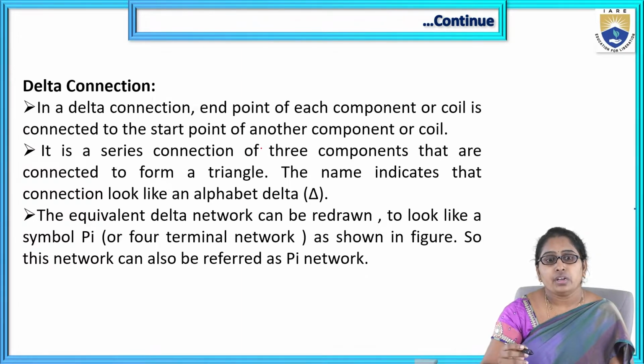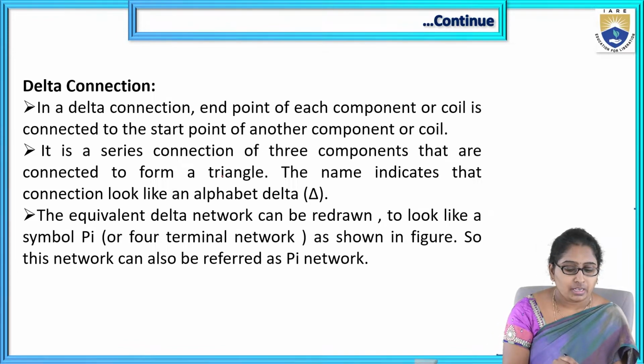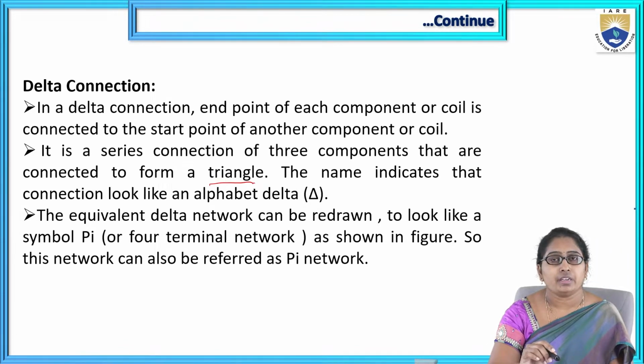The end point of one component is connected to the start point of another component, here also taking three components. Simply, a delta connection means a series connection of three components connected to form a triangle.